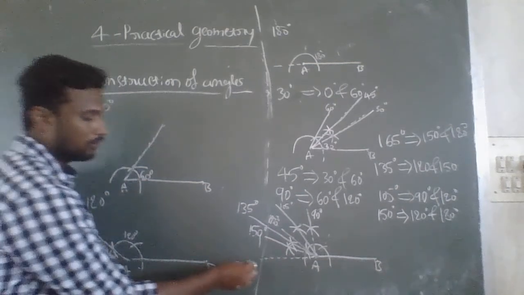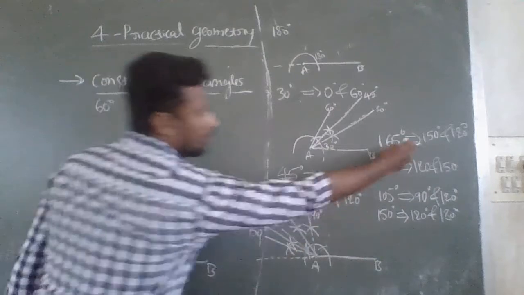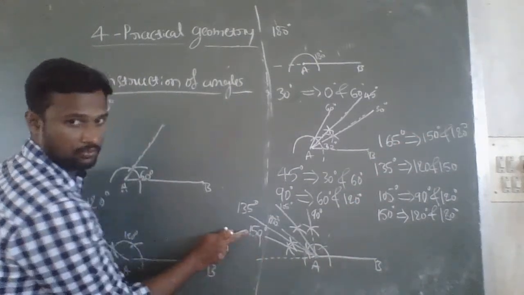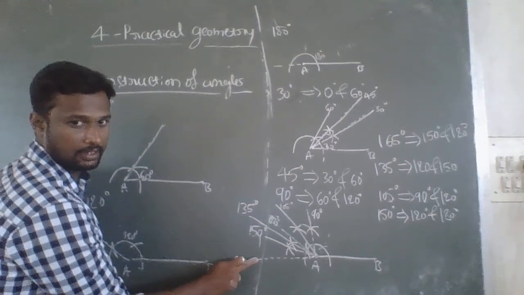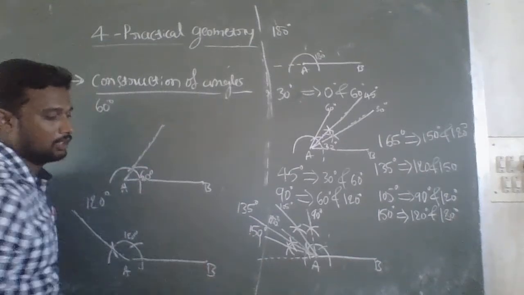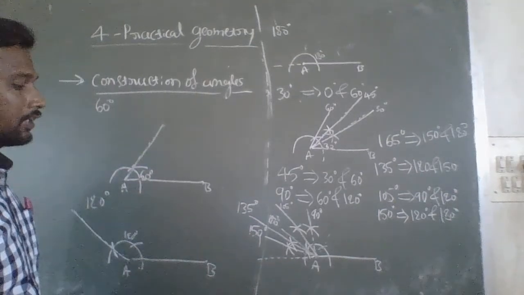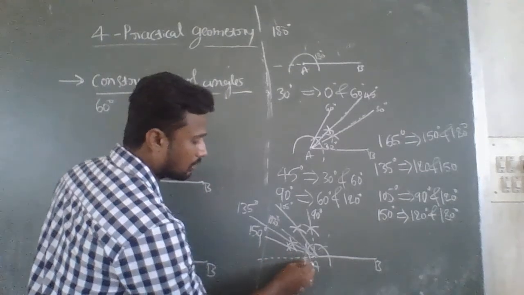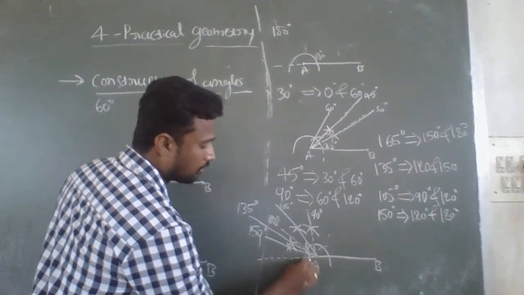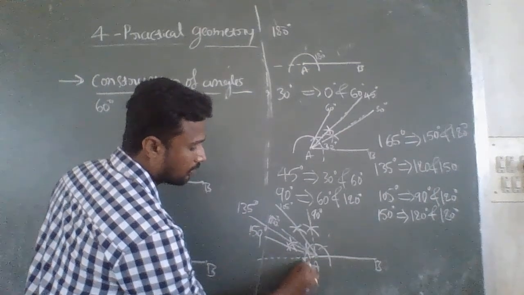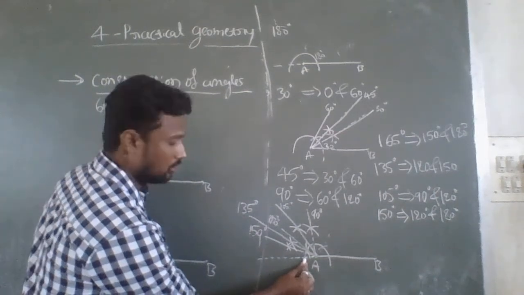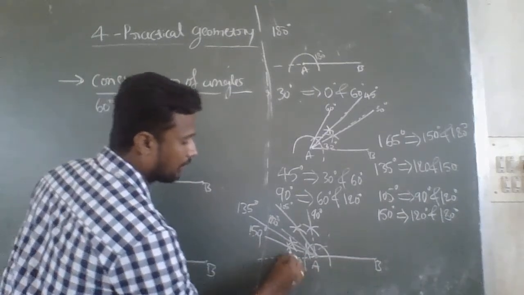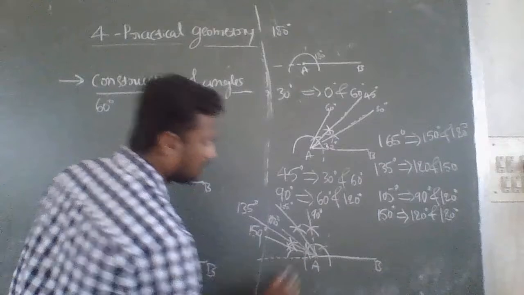So here we have 150 degree and 180 degree. This is 150 degree and this is 180 degree. This line is 180 degree. To get 165 degree, what can we do? Keep your compass on the intersection of 180 degree and draw an arc.